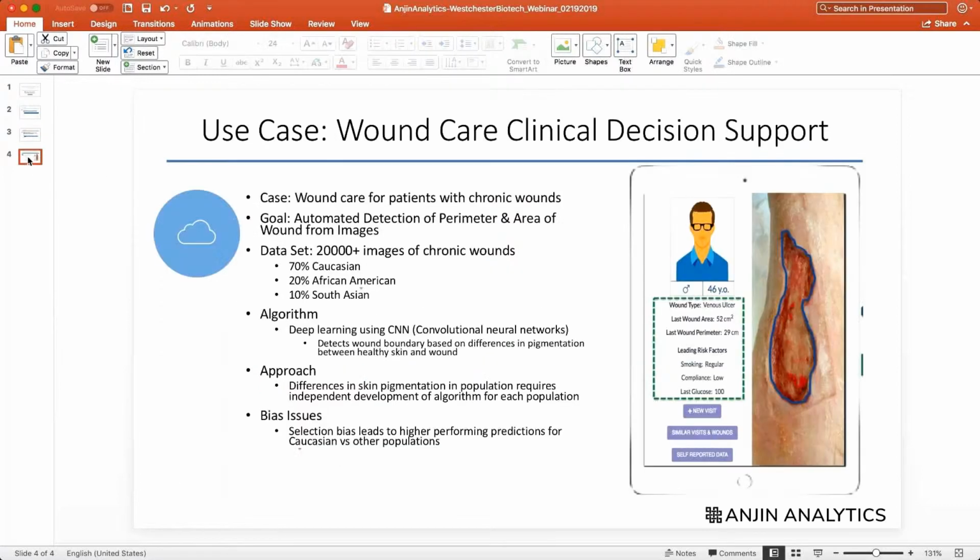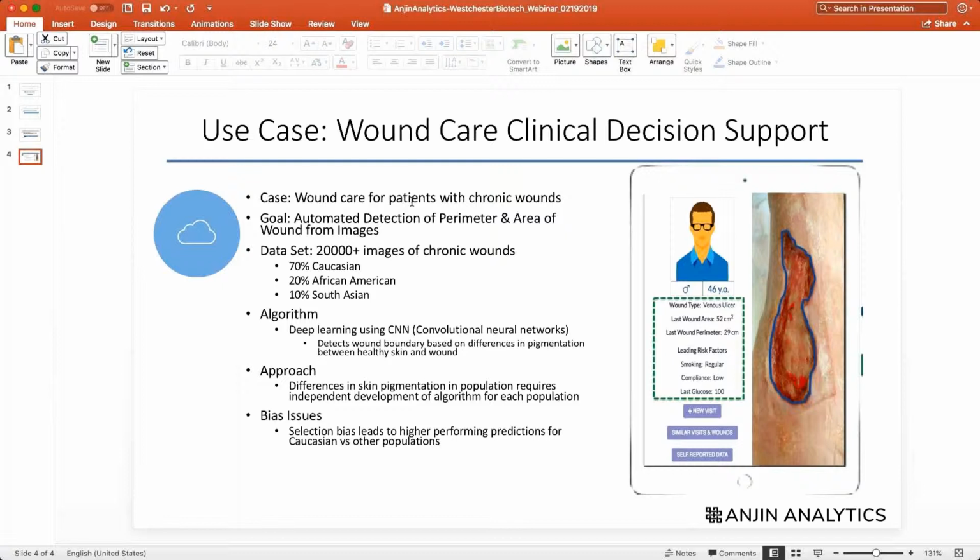And so, moving on just to a use case for a project that we worked on for a startup that was focusing on wound care clinical decision support. Just to give the case, we were developing software that physicians could use to monitor chronic wounds for patients who had diabetes and other chronic issues. And so the goal is to develop software that could automate the detection of the perimeter and boundary and area of a wound from an image.